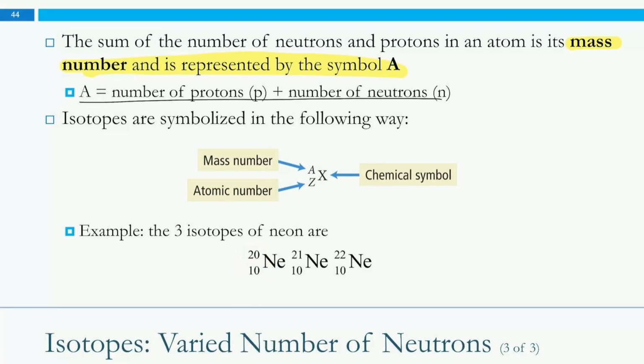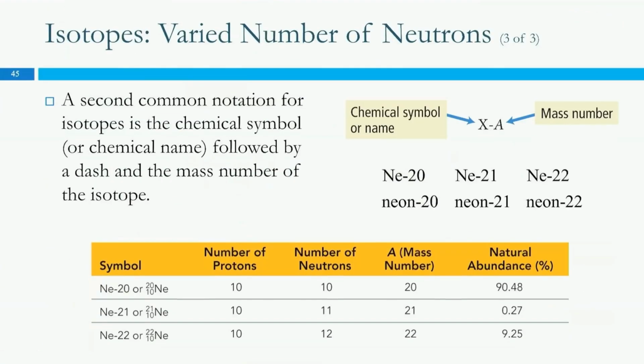So for neon 20, it'll be 10 neutrons. For neon 21, how many neutrons? 11. And for neon 22, 12. I'm just using N for neutrons.